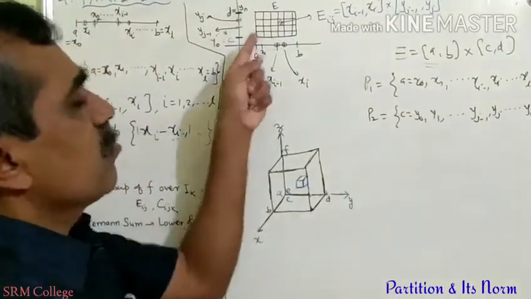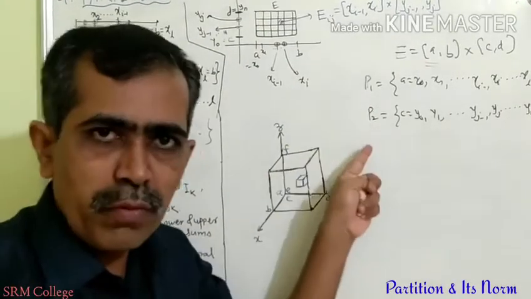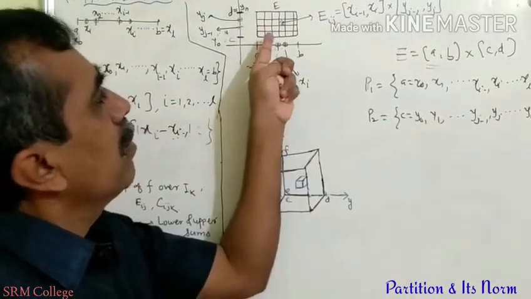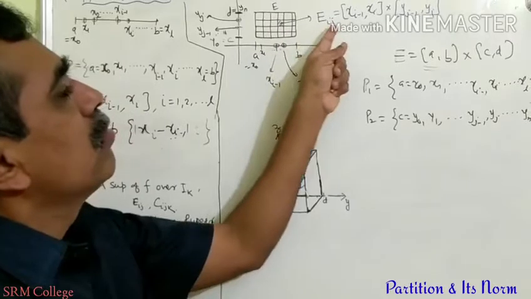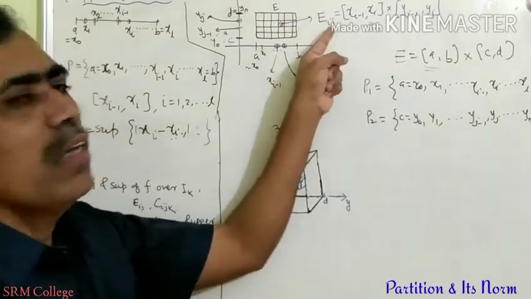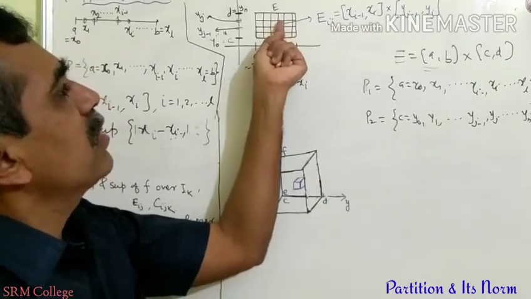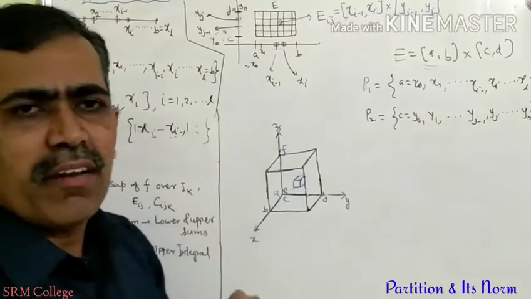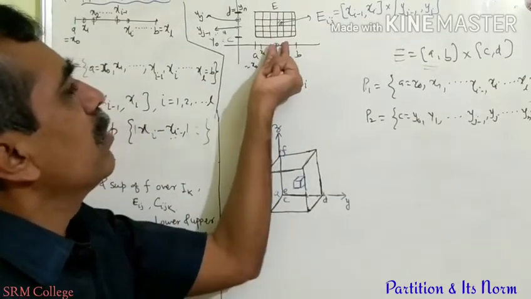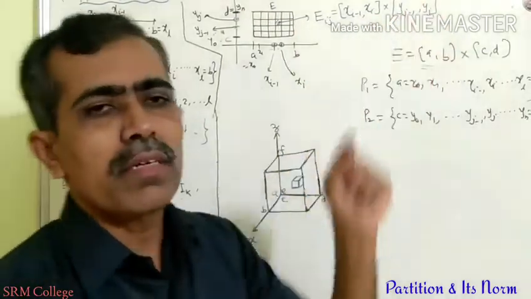So lines drawn parallel to the coordinate axis through the points of P1 and P2 will divide the rectangle E into sub-rectangles EIJ. Any IJ sub-rectangle is the Cartesian product of this sub-interval and this sub-interval, so xi minus 1 xi cross yj minus 1 yj.